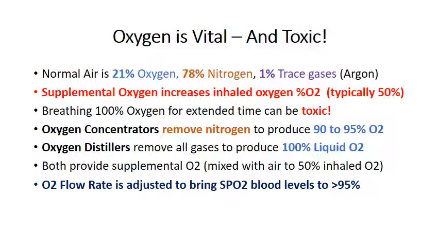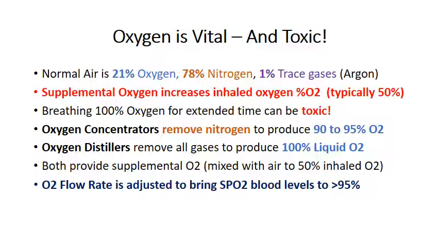Oxygen concentrators remove the nitrogen to produce 90 to 95% O2. They can never produce 100% because they are not capable of removing the 1% trace gases, including argon. Oxygen distillers remove all gases to produce 100% liquid oxygen.